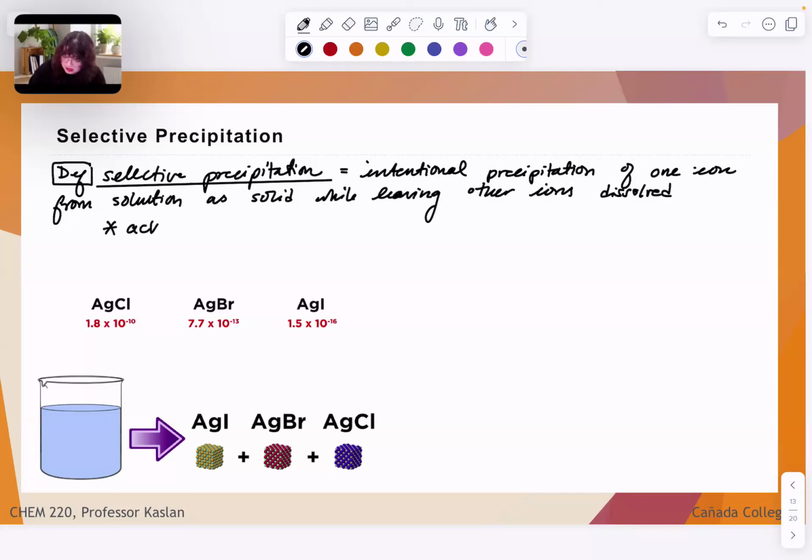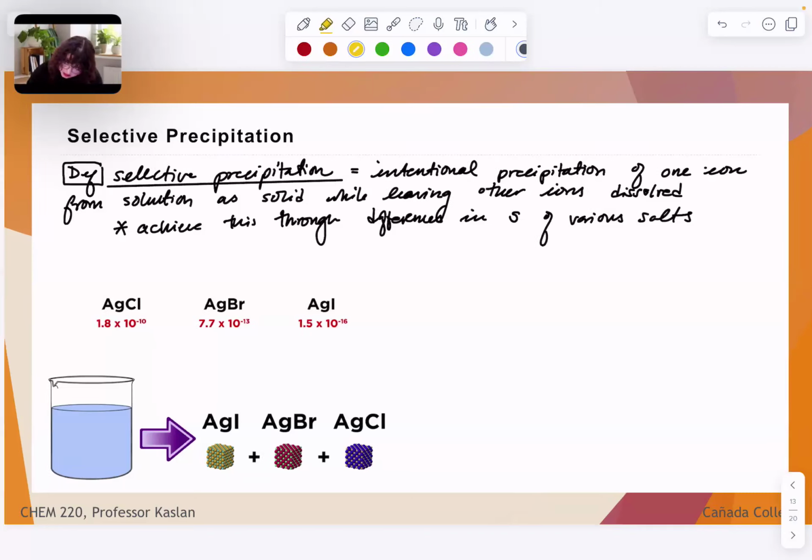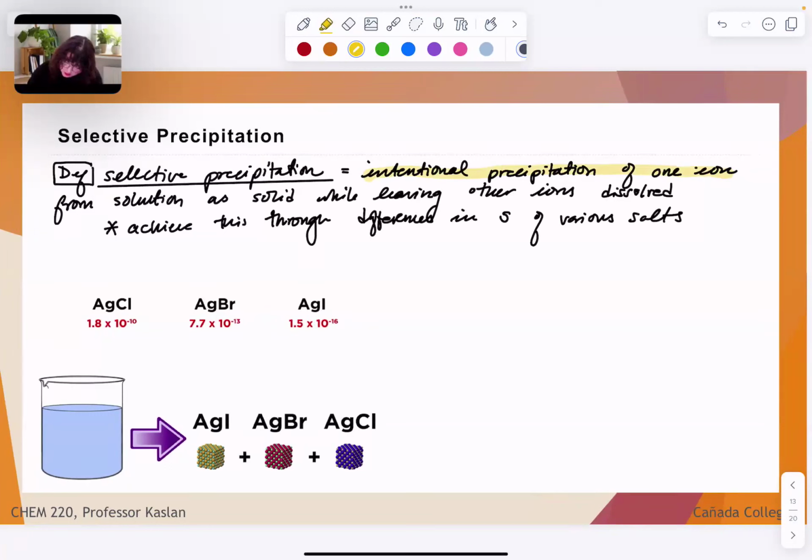And we can achieve this by utilizing the differences in molar solubility of our various salts. So selective precipitation, intentional precipitation of one ion, leaving the others dissolved in solution.